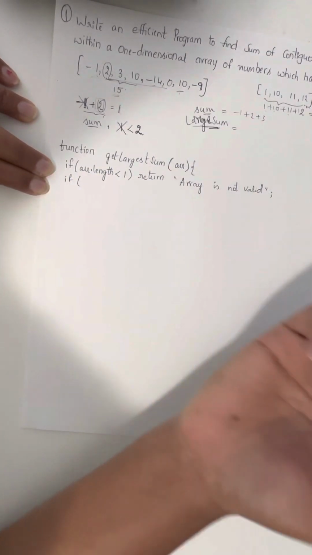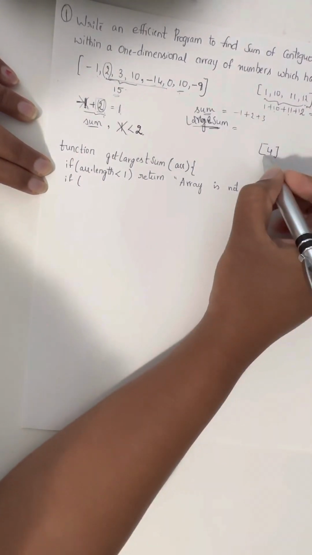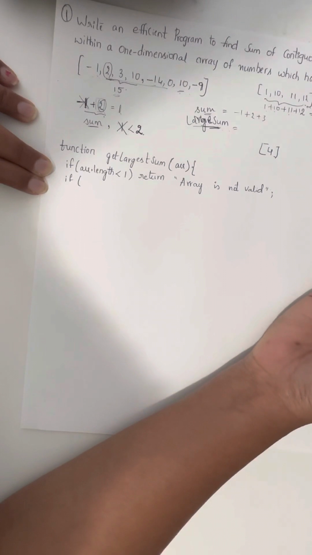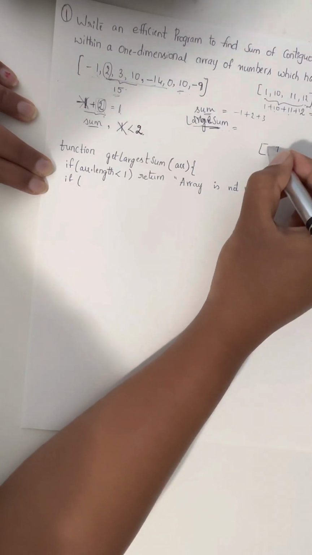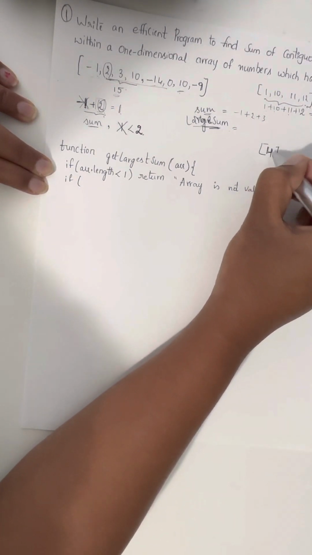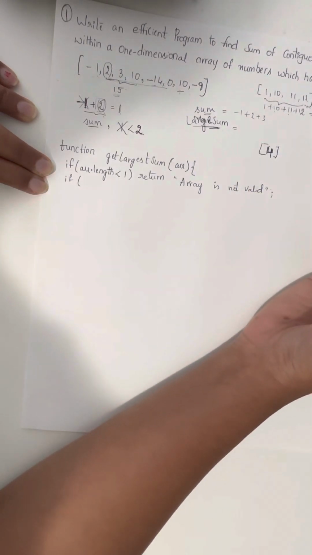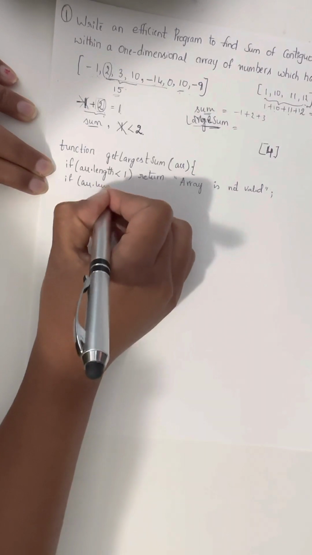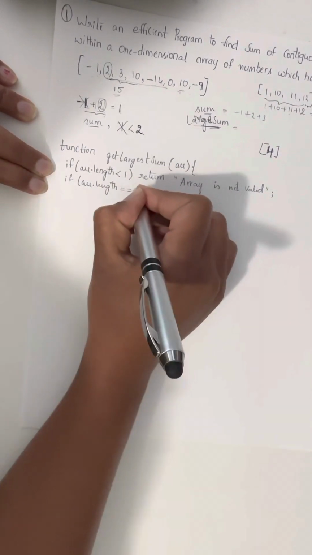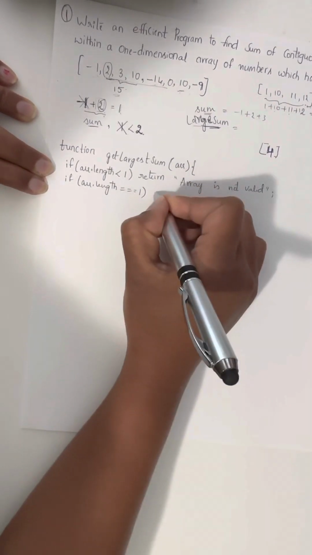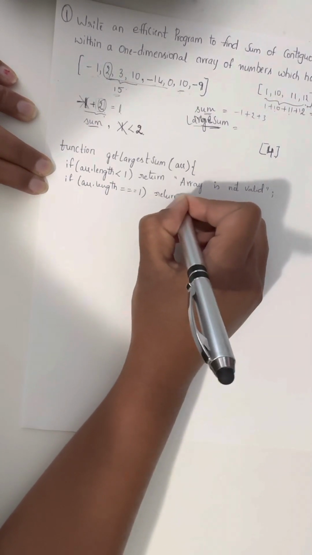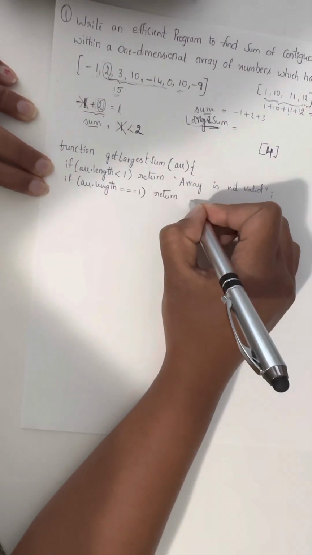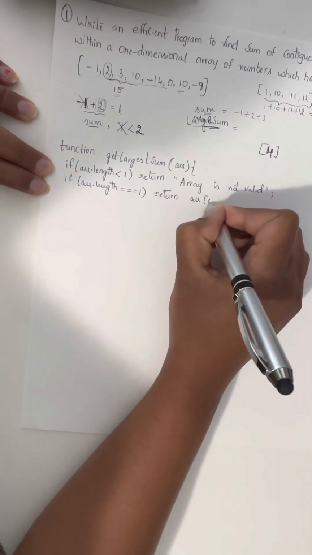Or if we have an array with only a single number, then we don't have anything to add it with, right? So we can just return the only number that we have. So if array.length equals 1, then we just return array[0].